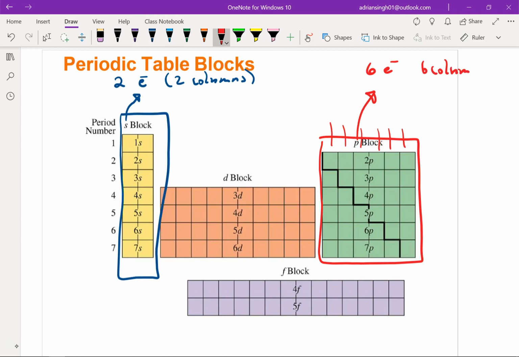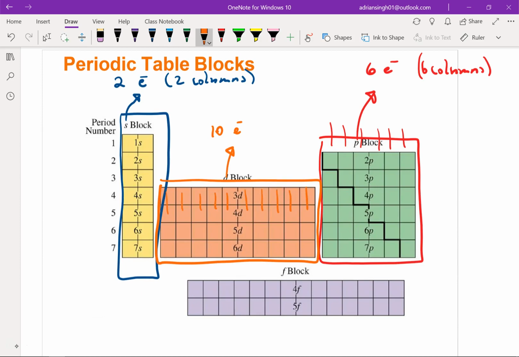So the number of columns actually tell you how many electrons these different blocks or sublevels can hold. In the middle here we have the D block elements. Okay, and if you recall, the D block has 5 D orbitals, which can hold a total of 10 electrons. And you can guess how many columns there are in the D block. There's 1, 2, 3, 4, 5, 6, 7, 8, 9, 10.